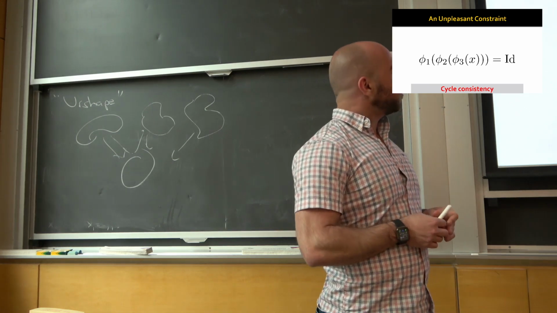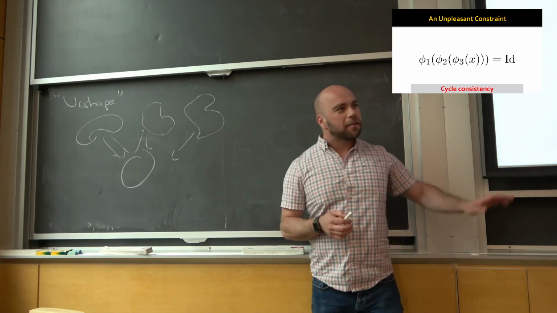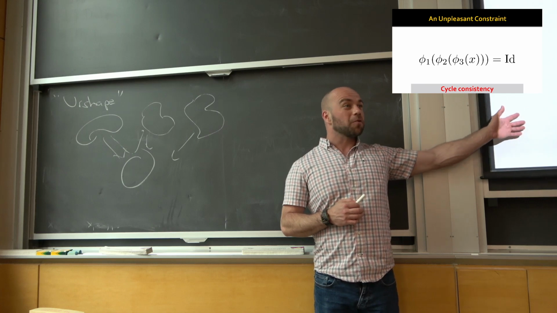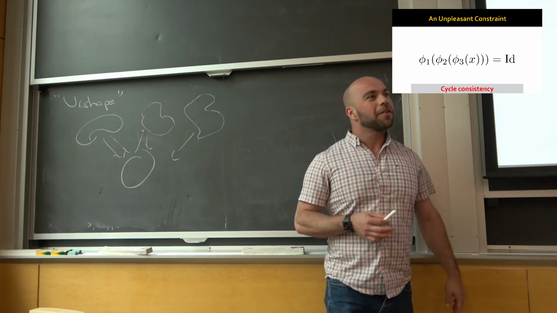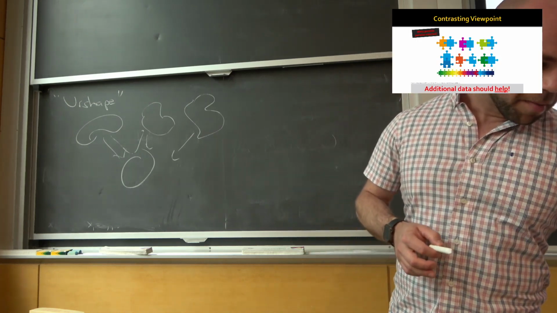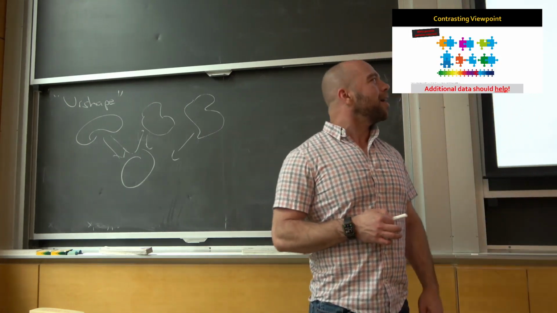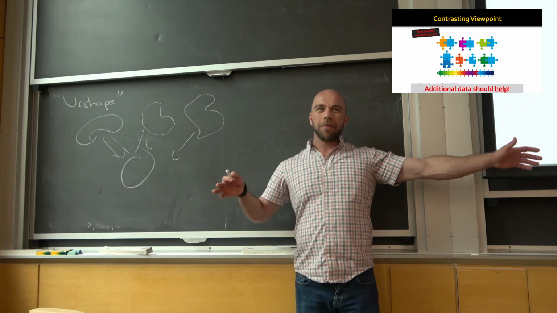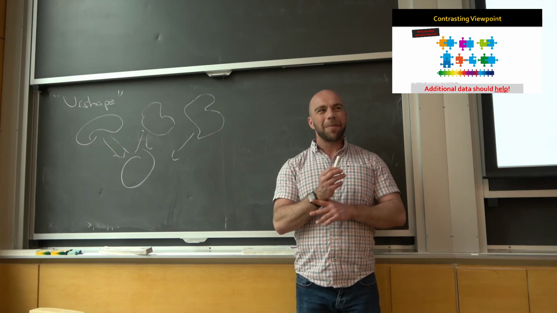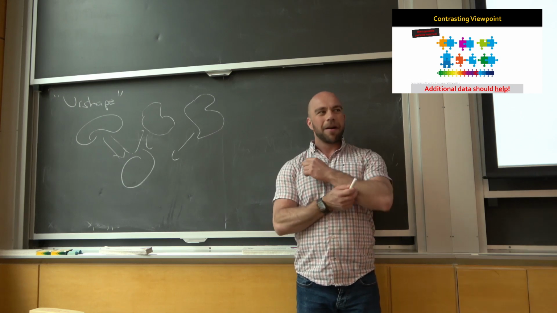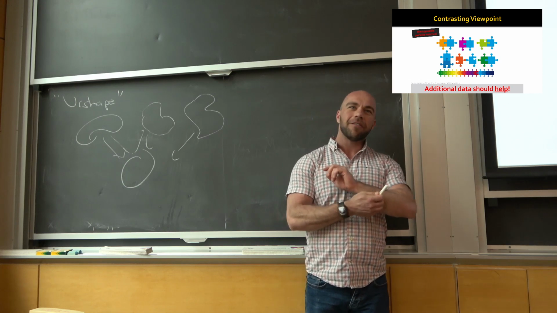So there's somehow two different conflicting views, right? On the one hand, cycle consistency as an optimization constraint is really hard to work with. This is an annoying thing. It's like multiplying matrices a bunch of times. On the other hand, from a high-level perspective, I just gave you 3 shapes or 10 shapes instead of 2. I should be able to do better on my mapping problem than if I only had a pair, right? I can start to notice patterns among all the shapes that maybe give me some clue on how to extract a map.